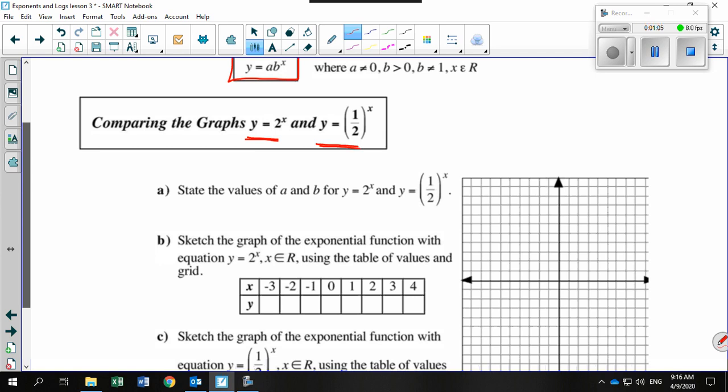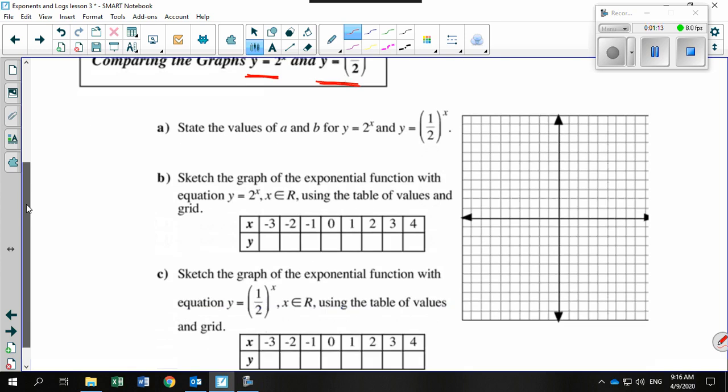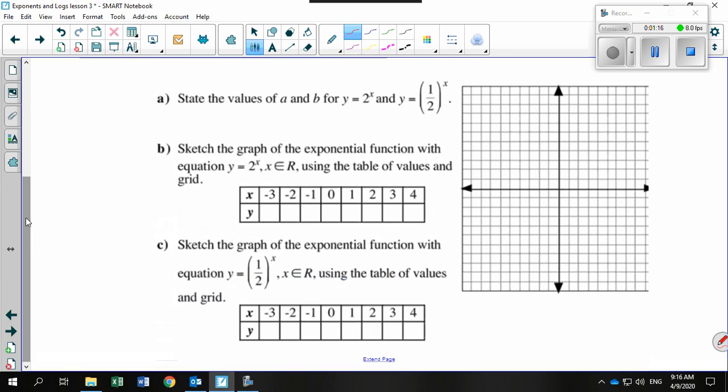So if you want to participate and slow this down, if you wanted to fill in those tables of values that are here in order to graph our two equations on our grid, you can pause me and go ahead and do it. Otherwise, I'm going to fill them in for you.